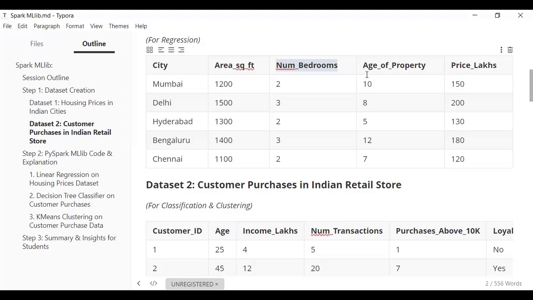So maybe if the family members count is more, they will take up more such related flats, right? So in that way you can think of it, in that assumption. Now, age of property is also important. Why?